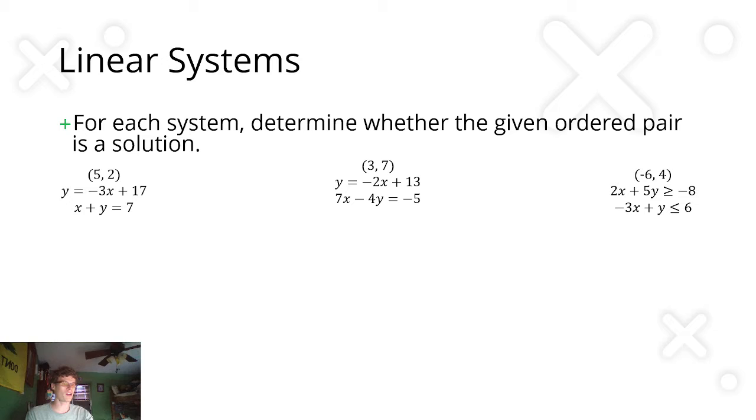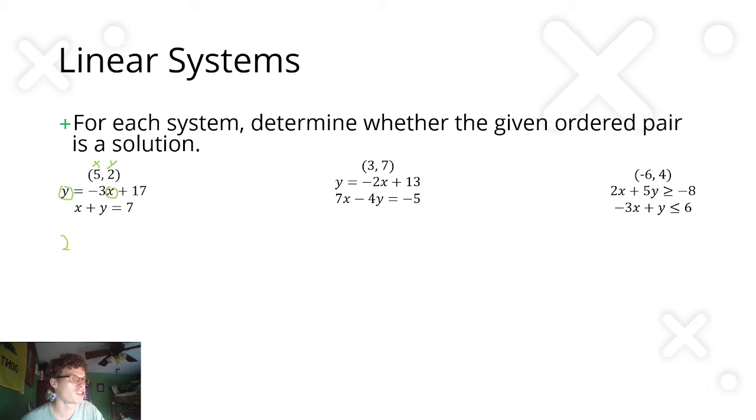So we are going to start off with the first one. So remember, ordered pairs are set up where you have x here and y here. X is our first ordered pair, y is our second. So we are going to plug these values into our equations, and we are going to figure out if this ordered pair is a solution for the system, okay?